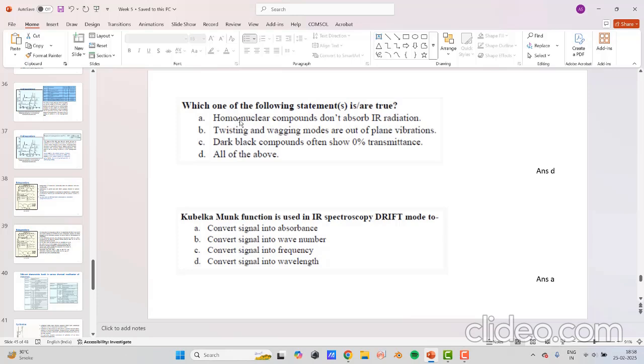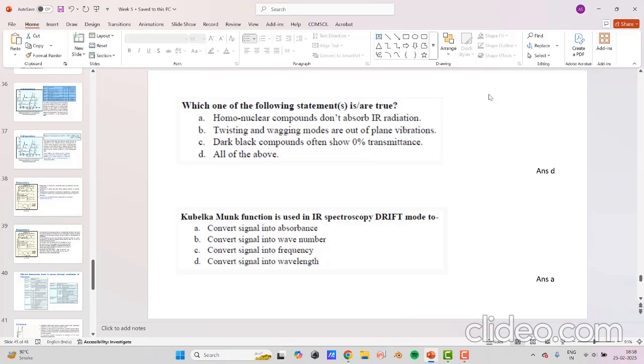So homonuclear means both are similar atoms, like H2, O2, Cl2.